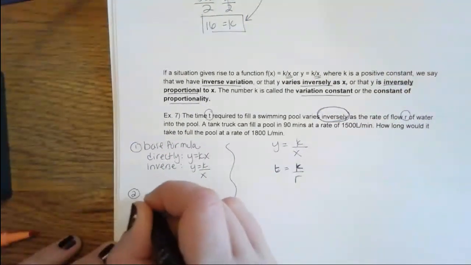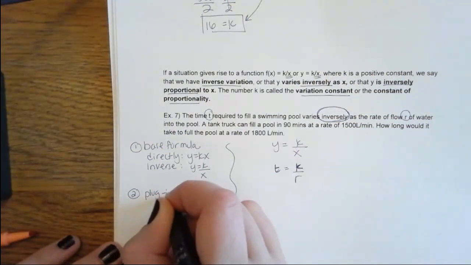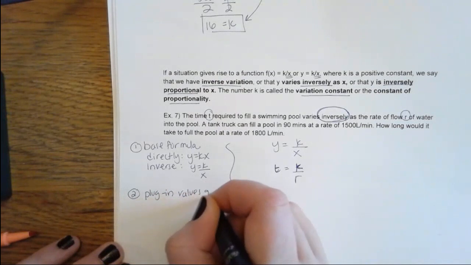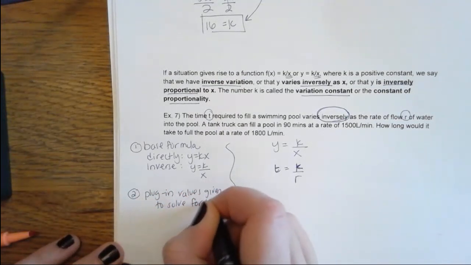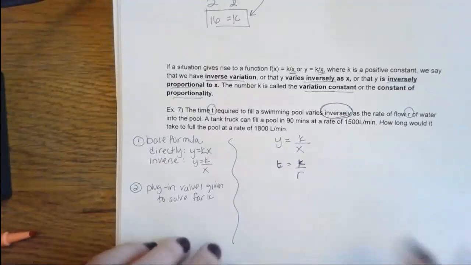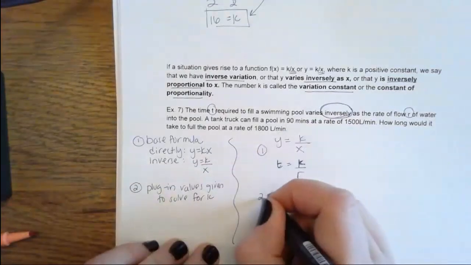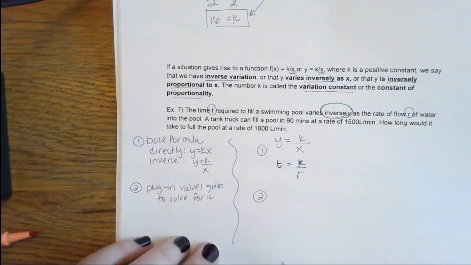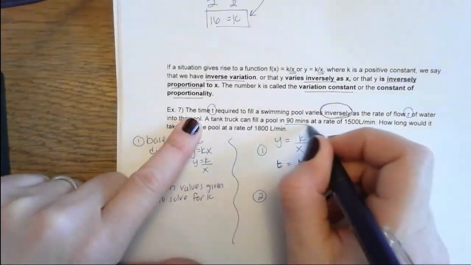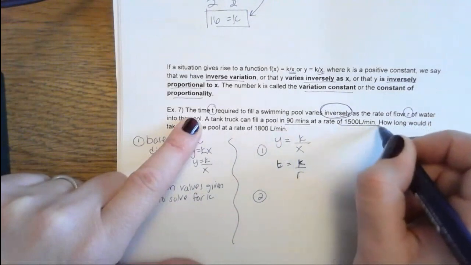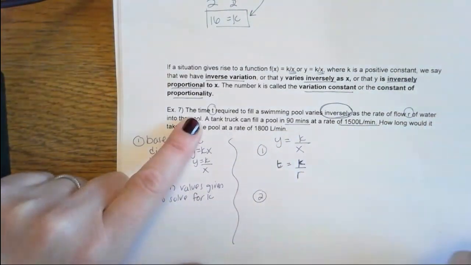Once you have that, you should have enough information to plug in the values given to solve for k. Once you have your basic setup, your next step is to figure out your values and find k. A tank truck can fill a pool in 90 minutes at a rate of 1,500 liters per minute.